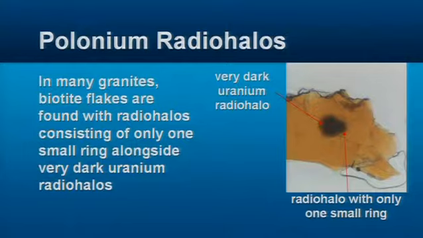However, in many granites, we find in the same biotite flakes as the dark uranium radiohalos, and the one you see on the left on your screen is a dark uranium radiohalo. Again, you see the rings are blurred, which means there's been in excess of 100 million years. There have been so many alpha particles that it's blurred those rings. Everything's become dark.